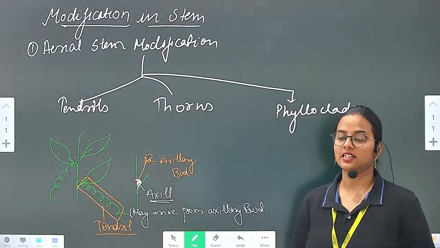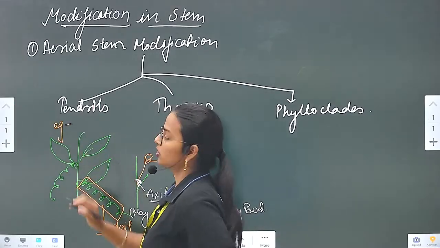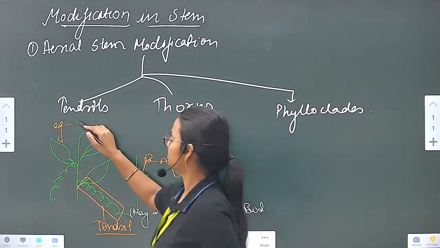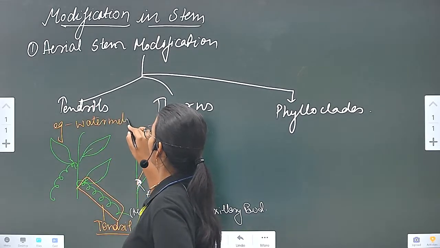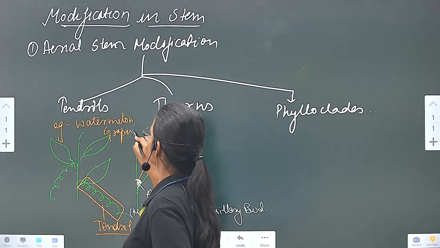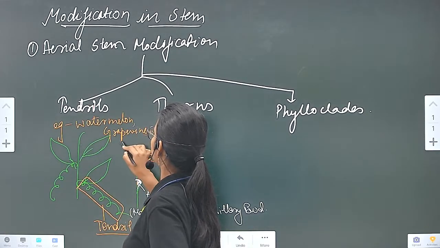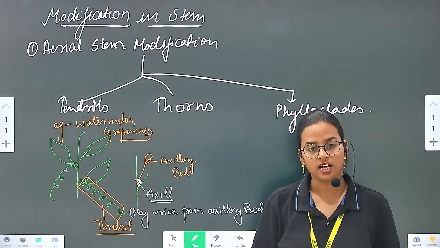Examples which show the tendril are watermelon, grapevines, etc. That is a typical example where tendrils are shown.